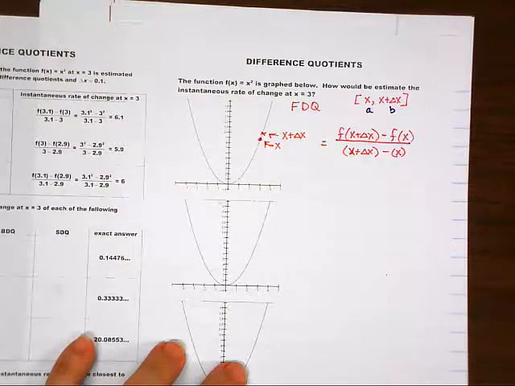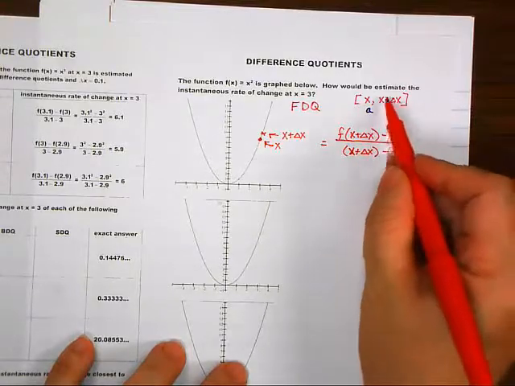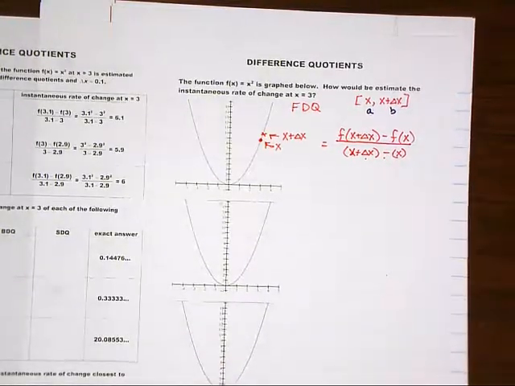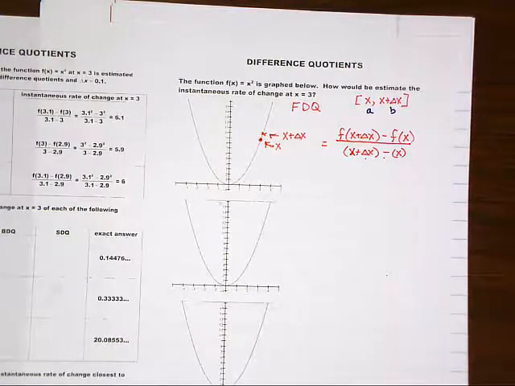Does that make sense to everybody what I just wrote down? f of the b up here minus f of the a over b minus a. Okay? Any questions to this point?